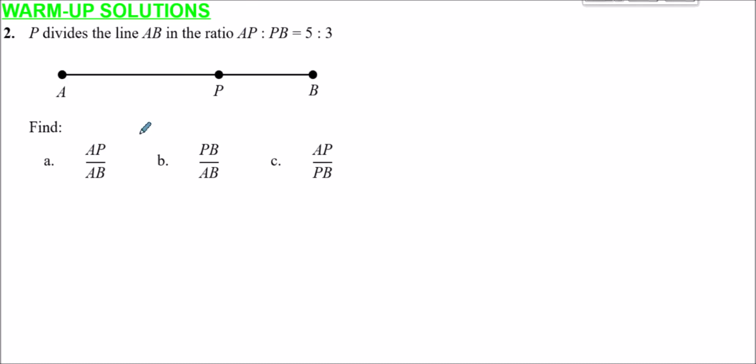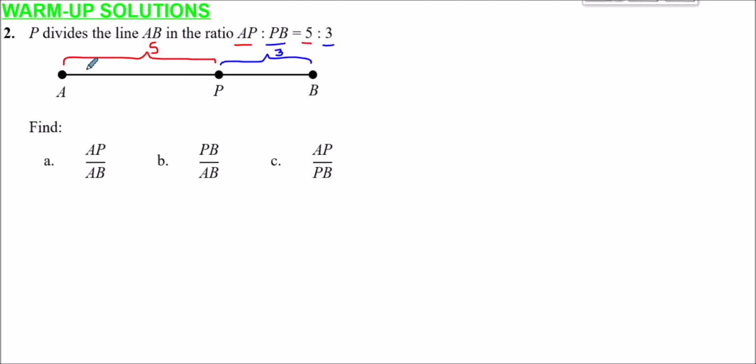So if we think from A to P, from A to P we're told is 5 parts long. And so from A all the way to P is 5 units. And likewise, from P to B is 3 units. So we can add this on here as well.